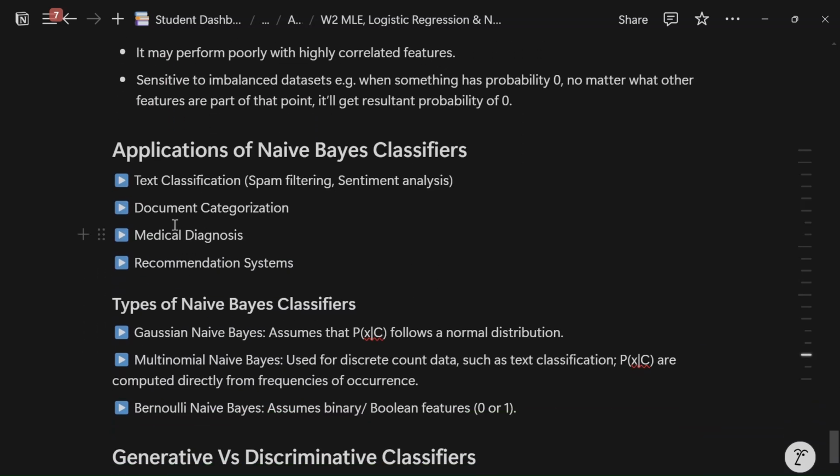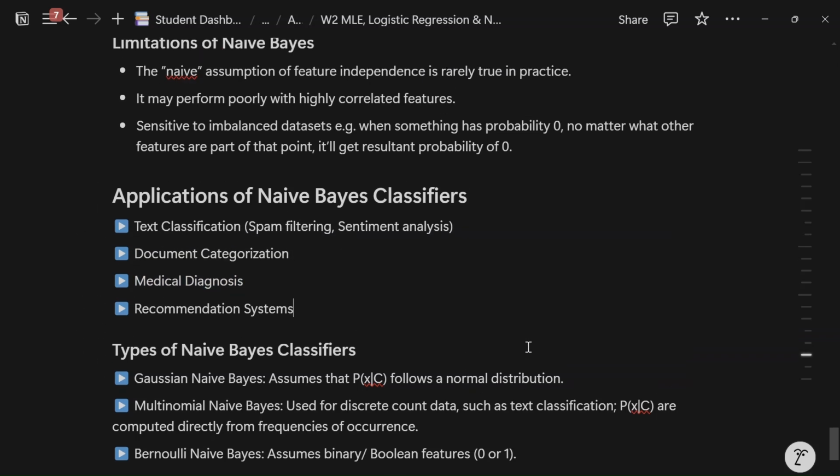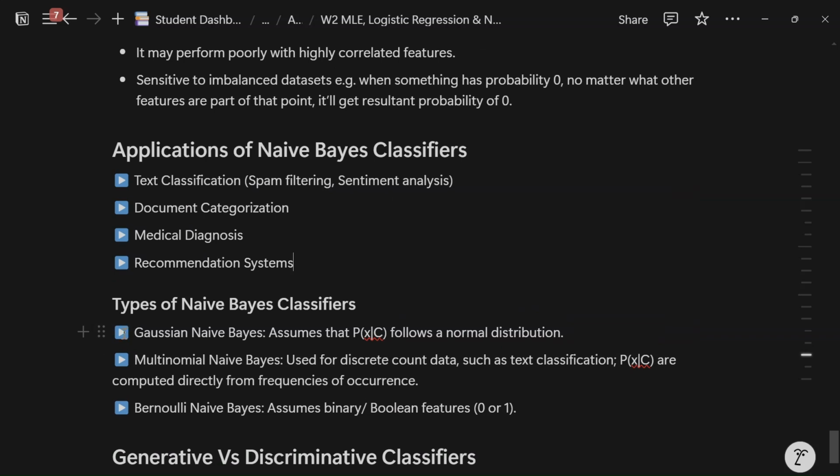Here are some applications of naive Bayes as well. It's commonly used in text classification, document categorization, medical diagnosis, which is what we just used it for, and recommendation systems. We don't need to go into depth on these, but there are some types of naive Bayes: Gaussian naive Bayes, multinomial naive Bayes, and Bernoulli naive Bayes.